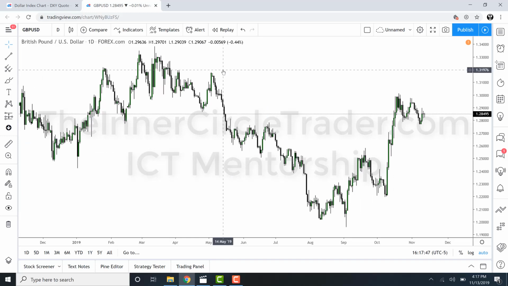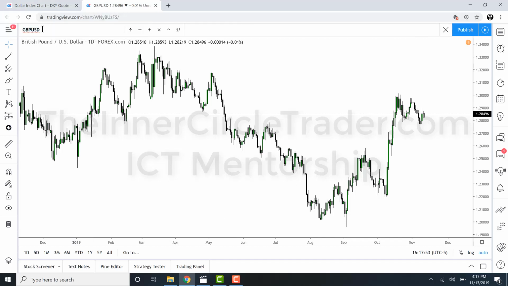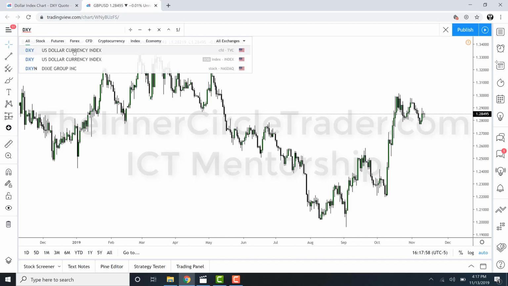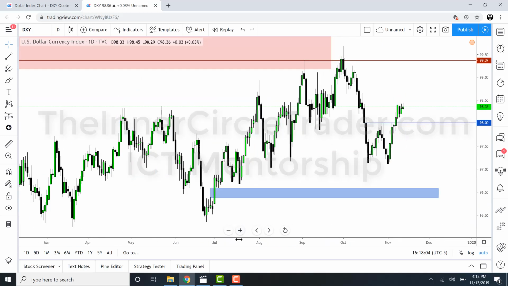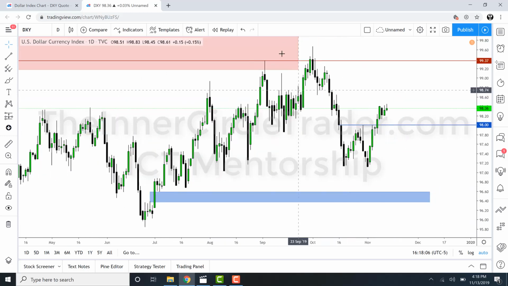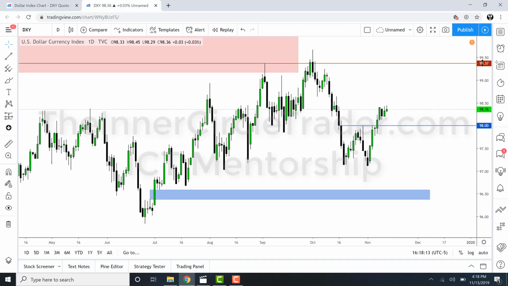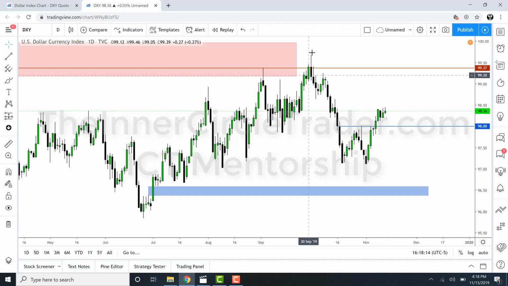Okay, so if we go over to the dollar index again, DXY, I'm going to zoom in. This shaded area here is an old weekly SIBI, sell side imbalance, buy side inefficiency. We moved up into the midpoint of that.